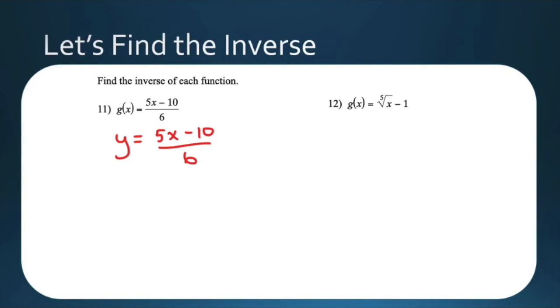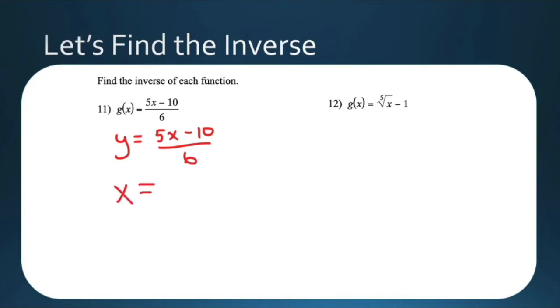So write y equals 5x minus 10 over 6. All we did is we just made that be a y. Now I'm going to have you do it, and I'll do step number 2 in a moment. Wait, so you want us to do step number 2? Not yet, just do step number 1. I haven't done step number 2 yet. Step number 2, all we're going to do is in the place of that y, I'm going to write x.